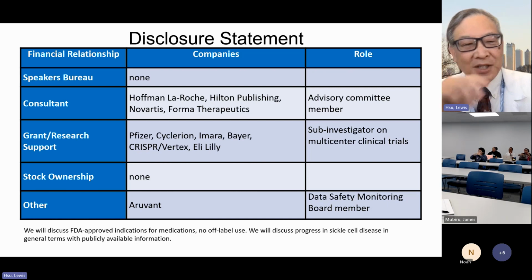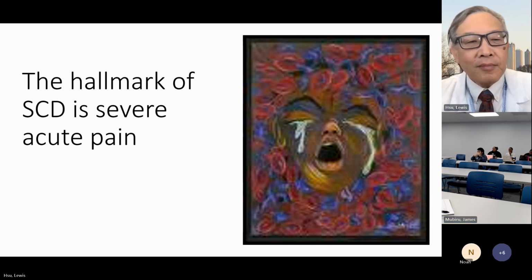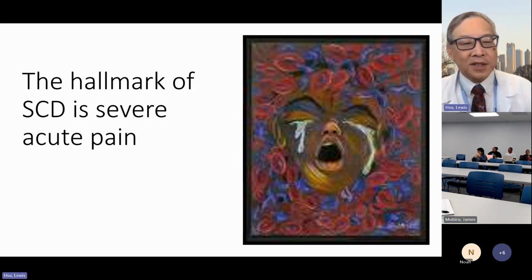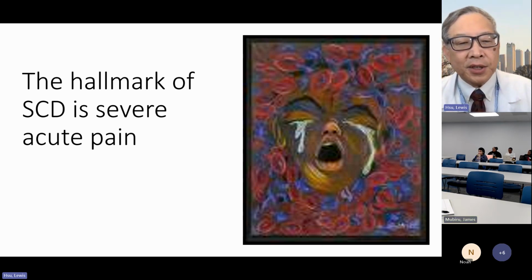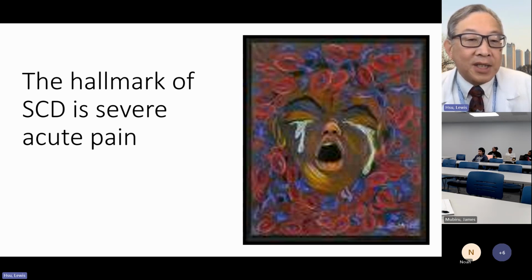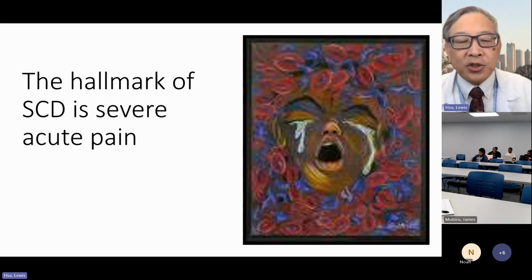So this is an overview of sickle cell disease. Here are my disclosures: I do some consulting and other research. The hallmark of sickle cell disease is severe acute pain. An artist named Mr. Hertz-Nazier painted what he meant when somebody asked him how bad his pain was, and he would say 10 on a scale of 10.